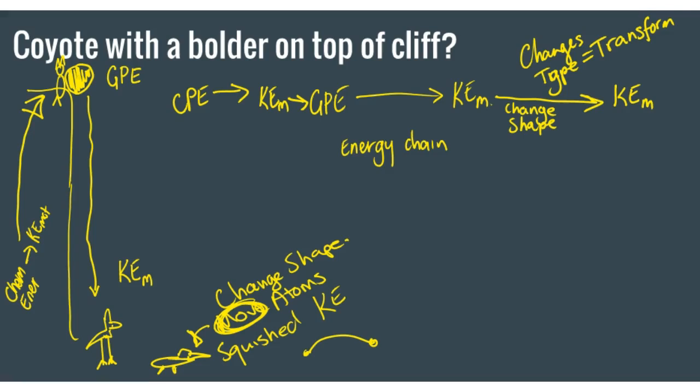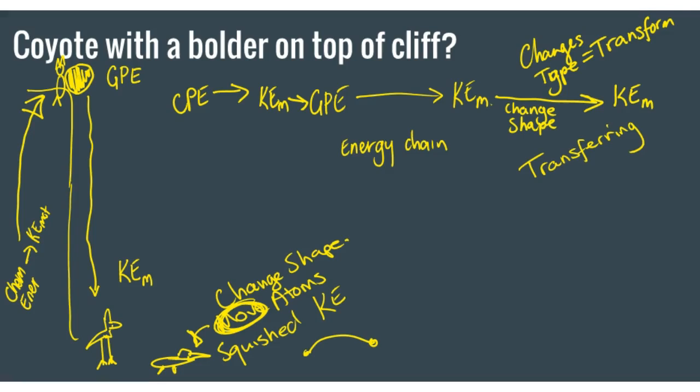When we have this kinetic energy going to another form of kinetic energy, we don't call that transforming, we call that transferring, because you haven't changed the type of energy. All you've done is change what object it's within. We've gone from the boulder into changing the shape of poor little Roadrunner. Okay?